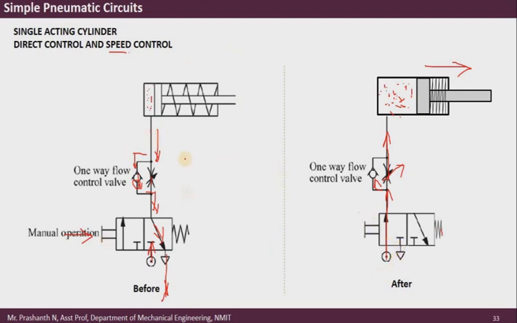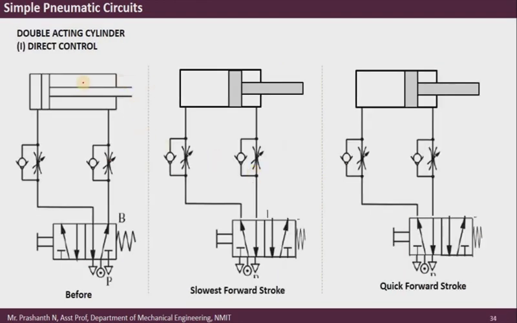Let us see the same example with a little modification. Instead of a single acting cylinder, I'll be using a double acting cylinder. You can see in this case I have a double acting cylinder. Since it is a double acting cylinder, obviously I have to use a 5x2 valve, and in between the cylinder and the control valve, I have two non-return throttle valves.